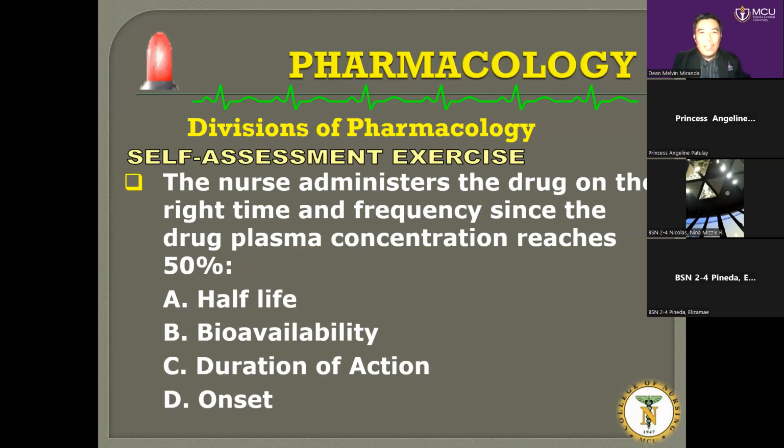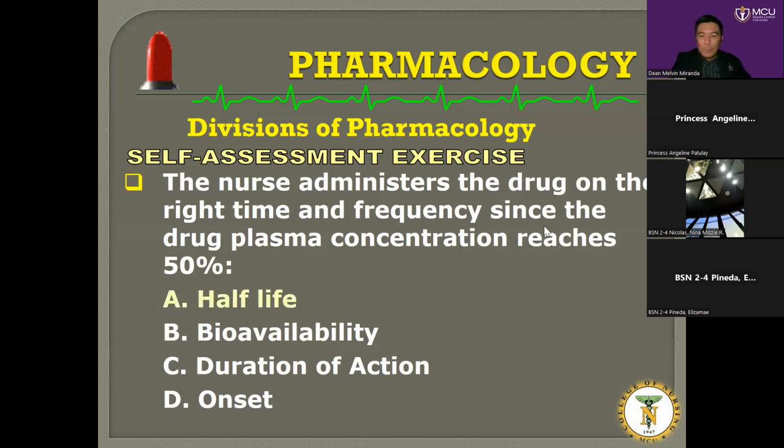A while ago we have 38 attendees, so we need the other students to cast their answers. So most of you, almost all of you, have answered letter A. So correct answer, it is definitely letter A.